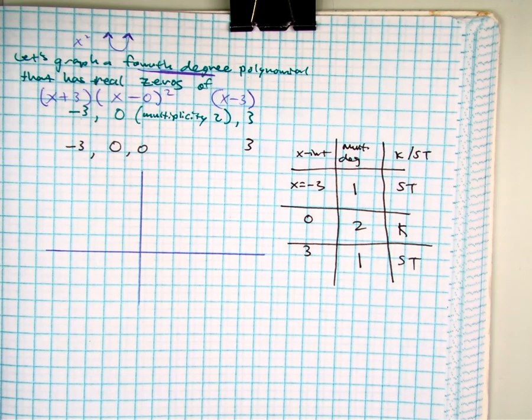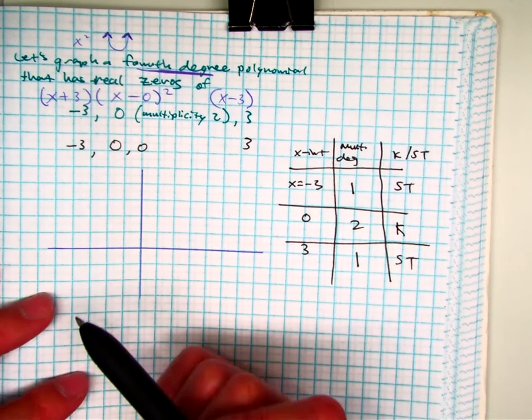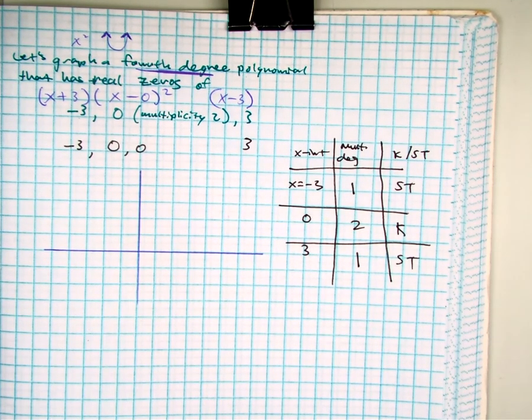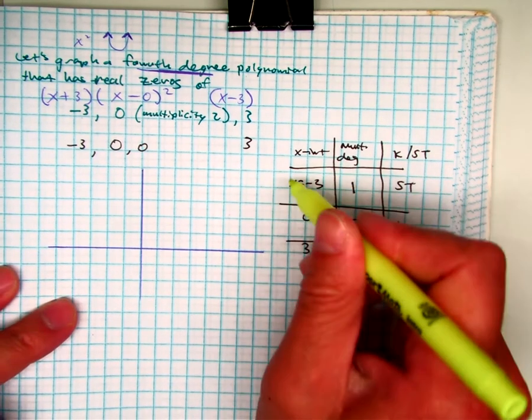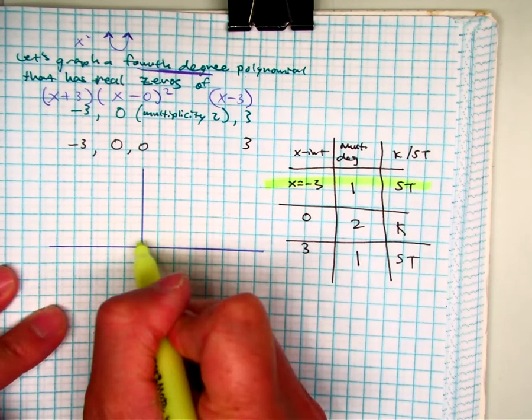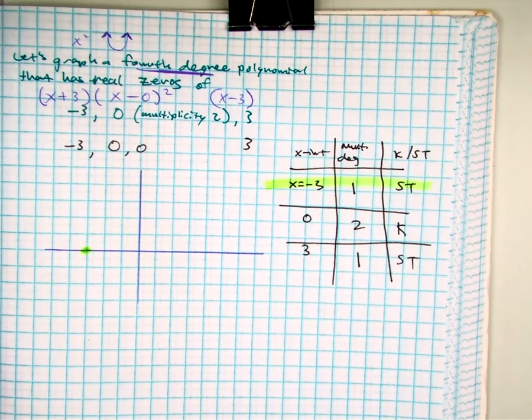Melissa, what's our next step? Okay, there are no transformations or shifts. Nice thing. And now we're just going to graph this. Use your highlighters if you have them. I have one at -3. I'm going to the x-axis at -3.